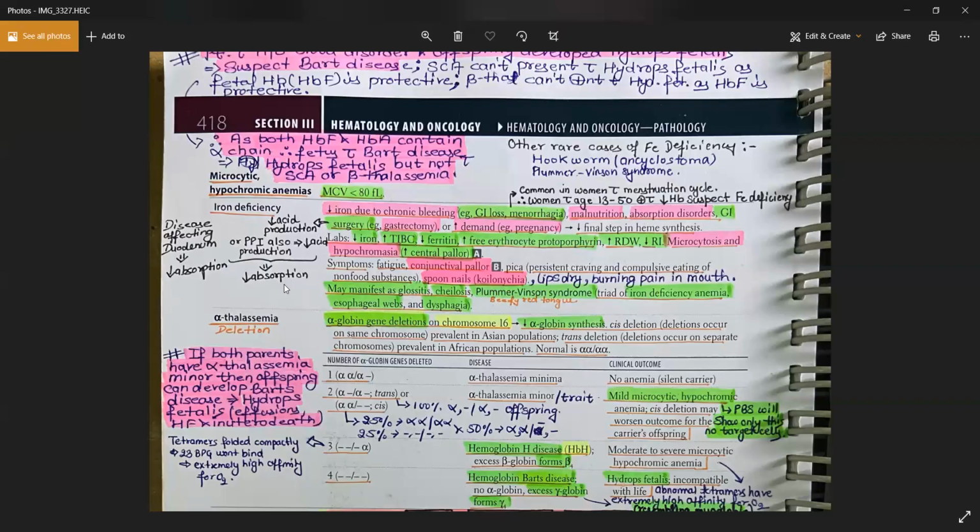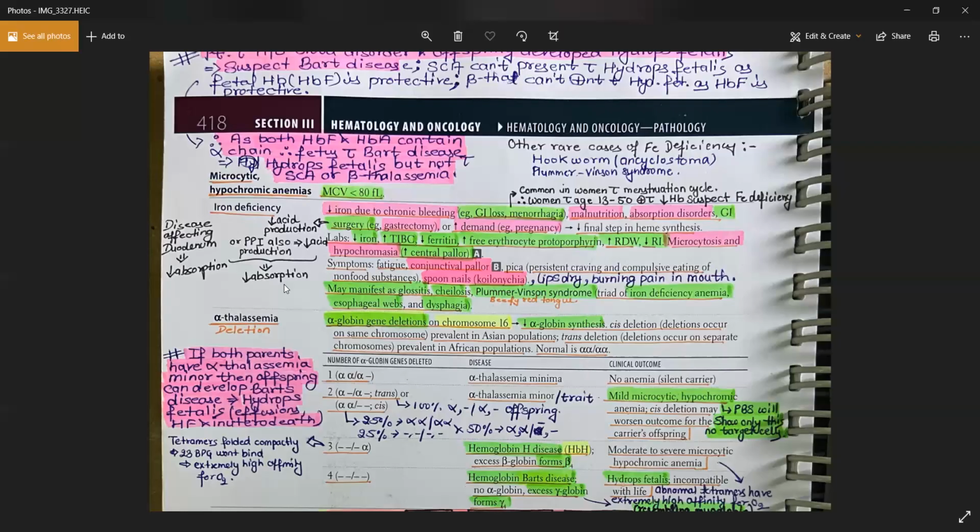Any disorder involving the duodenum can decrease iron absorption. With proton pump inhibitors, you know that an acidic medium is required for the absorption of iron. If you use proton pump inhibitors, you will have decreased acid production and decreased iron absorption.